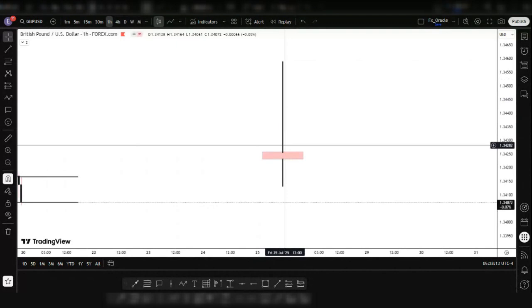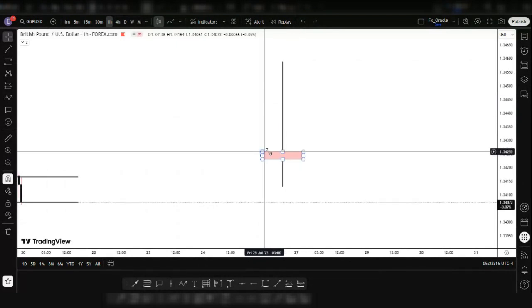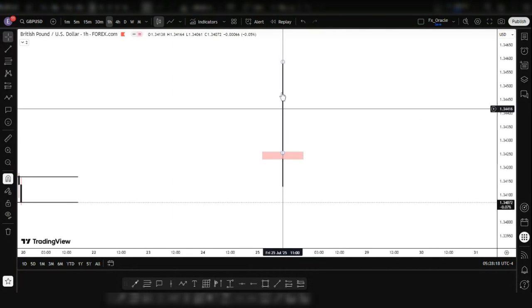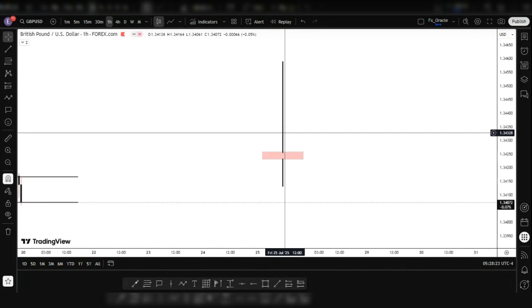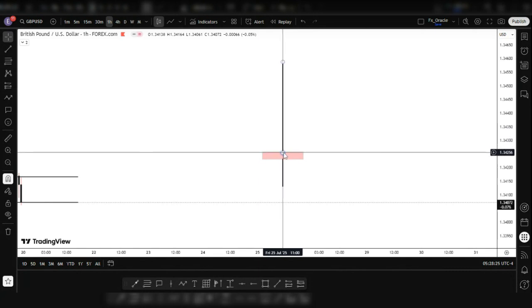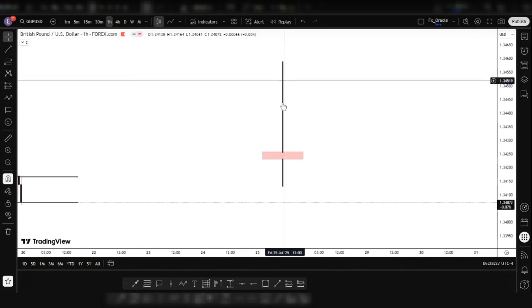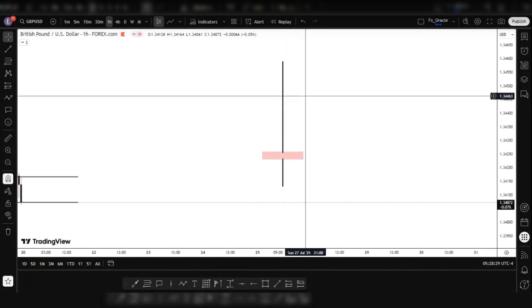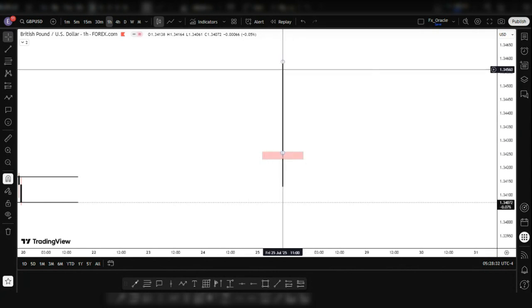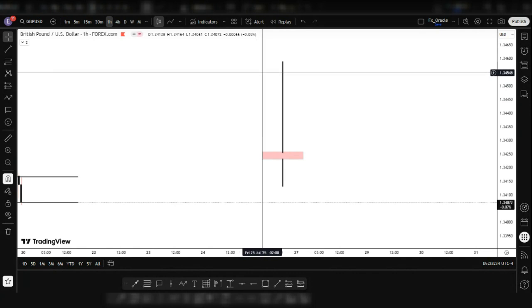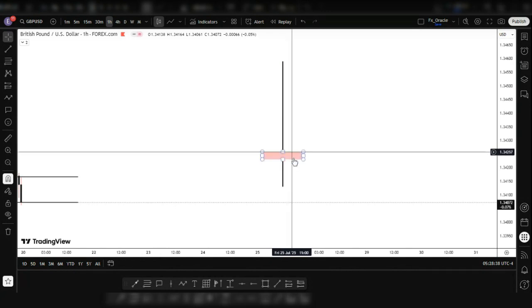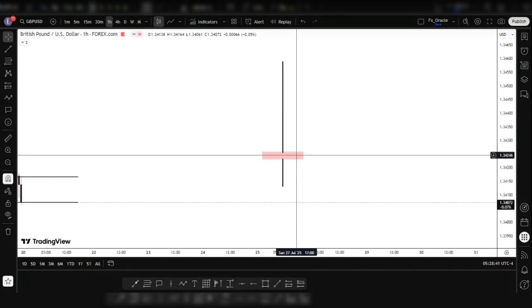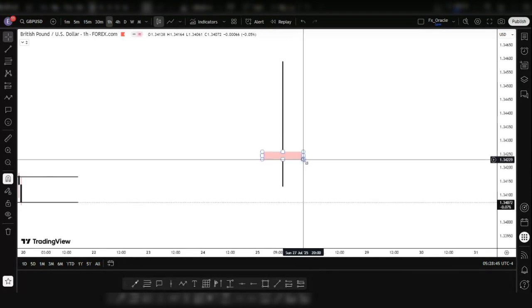What this simply tells us is that price opened here, pushed up to this level, and sold back down to this level. This is simply telling you that price is no longer interested in buying in that direction. So what do you do? You wait, because the momentum and the volume are not big, so you can't decide where they might go next. You need to wait for volume to step in.